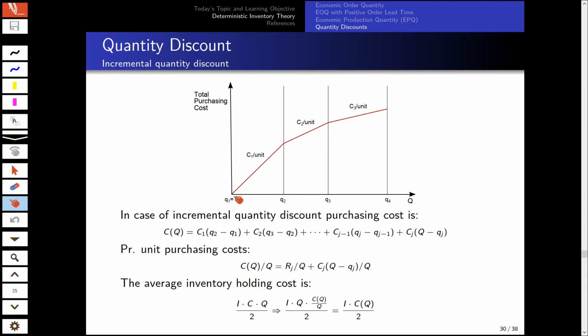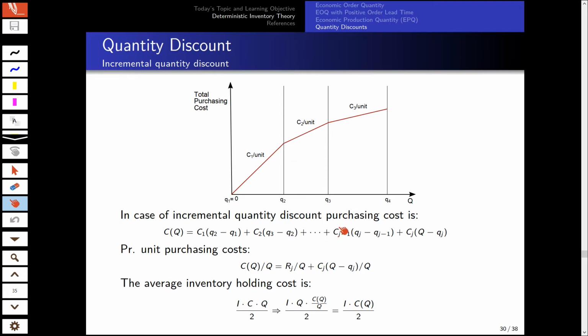We can determine the purchasing cost as follows. We denote C(Q) because it now depends on our order quantity which price we get. We get the first price for those quantities that lie between Q2 minus Q1 in this area, the second price for those within the next area, this one, and so forth.